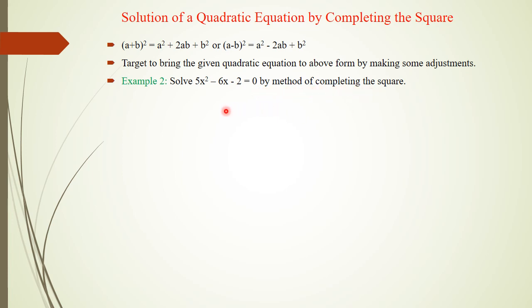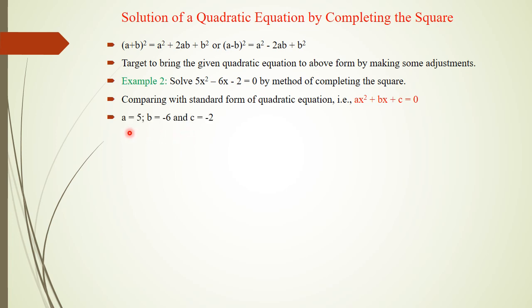As I mentioned earlier in the previous slide, first we'll compare this with the standard form of quadratic equation, that is ax² + bx + c = 0. Here if you compare, I get the a value, that is the coefficient of x², as 5, the b value, that is the coefficient of x, as -6, and the c value, that is the constant term, as -2 here.